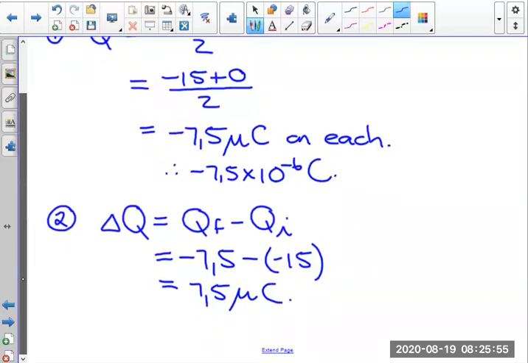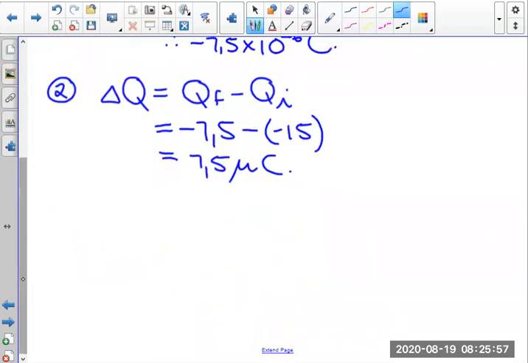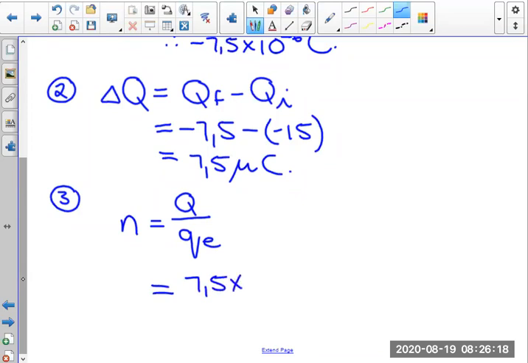Then the third step is going to be how to work out the amount of electrons, which is this N. Okay, so we use the Q divided by the charge of an electron, which is on the information sheet. So we need N. In Q's place, we're going to substitute 7.5 times 10 to the power of minus 6.